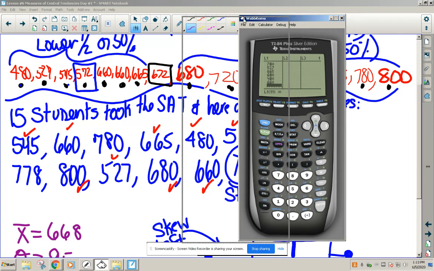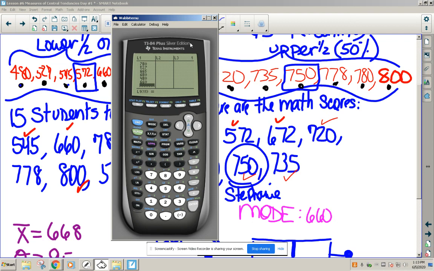Now let me just move this to the other side of the 660. All right, now I have 572, 750, 672, 735, and 720. Now again, double check your list and then hit stat, calculate.